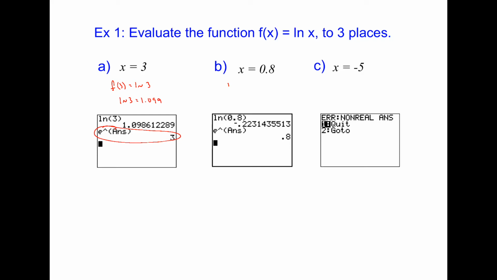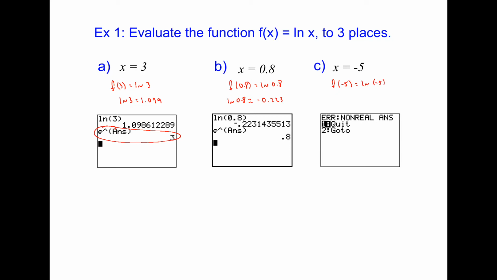So on the next one, we have natural log of 0.8. And so when we plug that in, we get that the natural log of 0.8 is approximately negative 0.223, once again showing that if you use its inverse, e raised to that power, you get back 0.8. And then the last one, we have f of negative 5, so that's the natural log of negative 5.